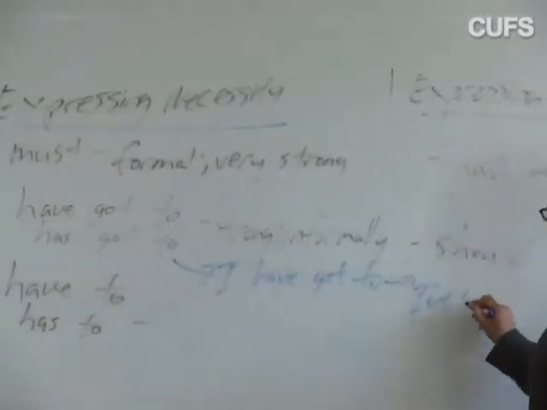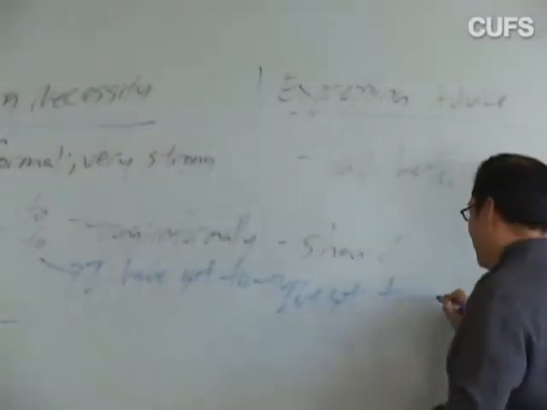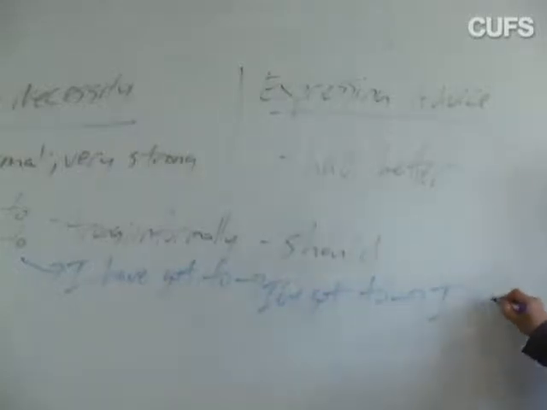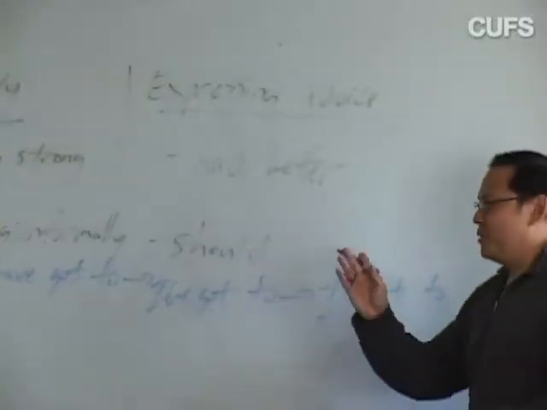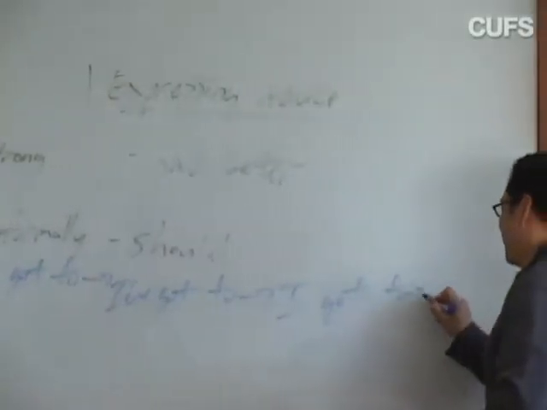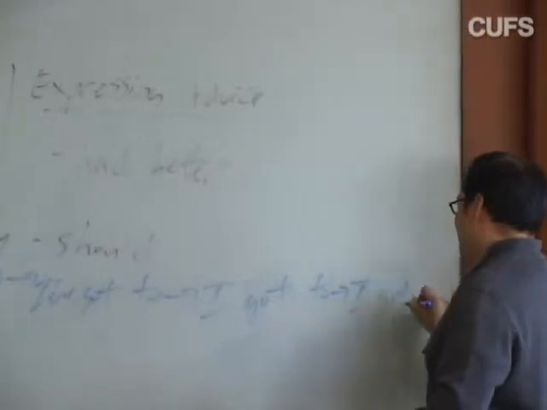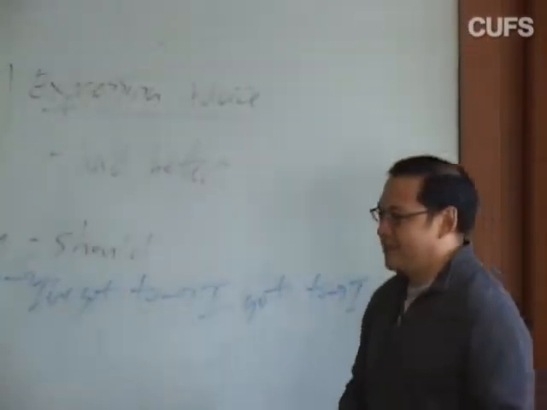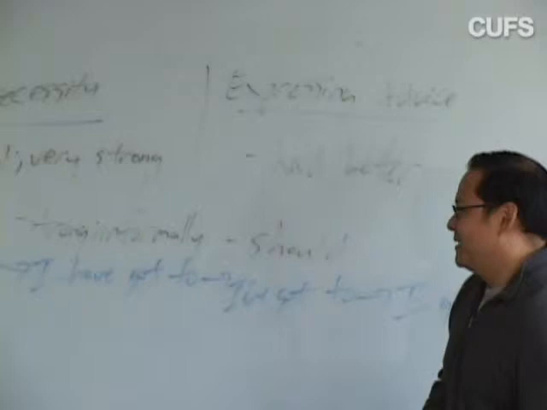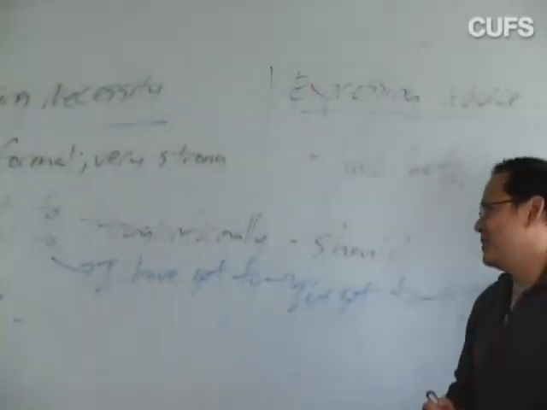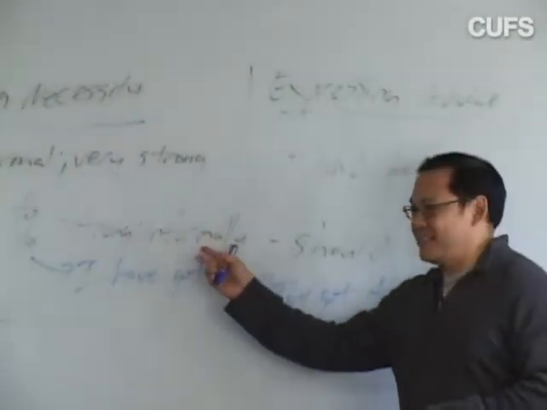I've got to. I got to. And you're increasing your speed, right? Finally, I gotta. Okay, I gotta go. Everybody, I gotta go. I gotta eat. Okay, so very common, but we use this informally, right?